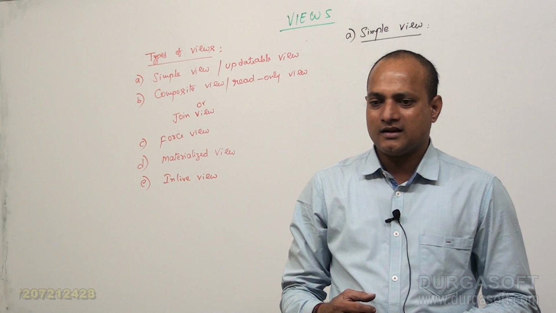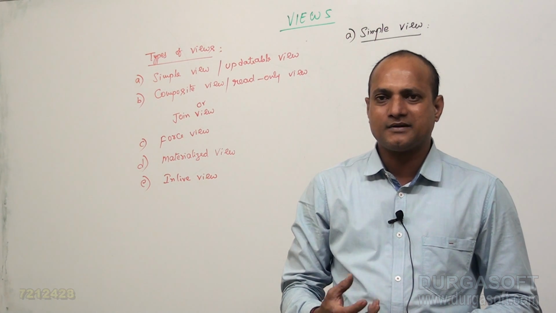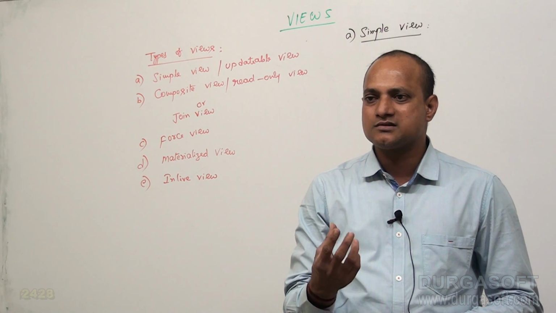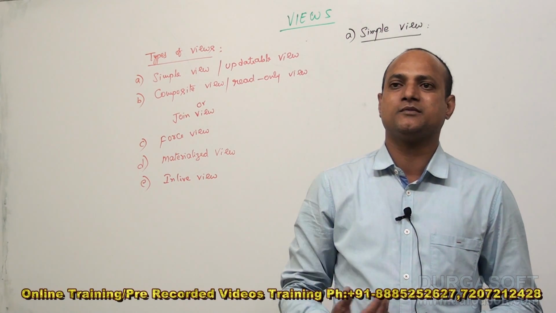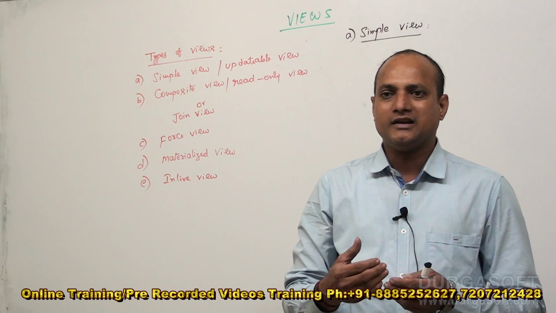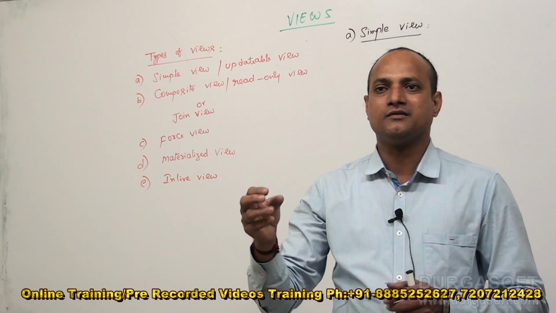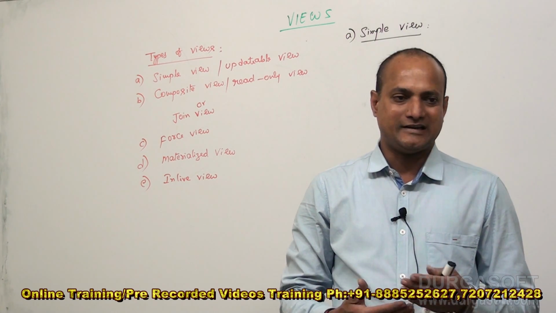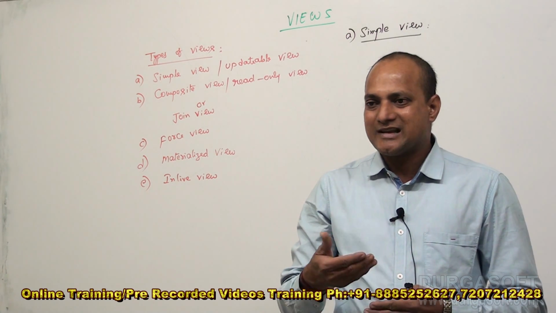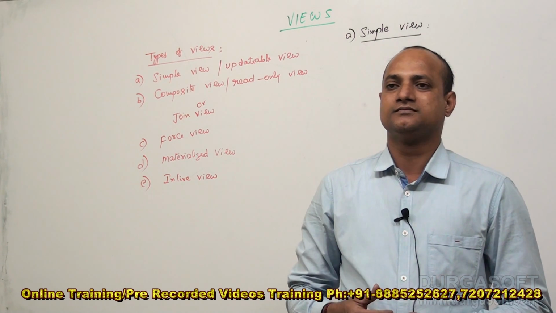Always I need data from a single table, and that is also a part of the data. Always I am requesting the same kind of information. So I need to write select star from EMP where job equal to salesman. Salesman is my frequently used data. So based on salesman data, create a view.